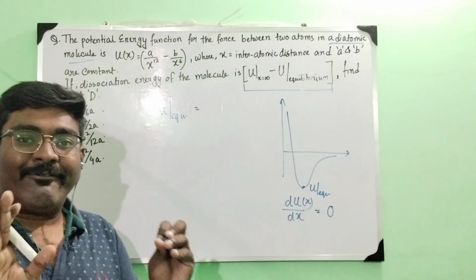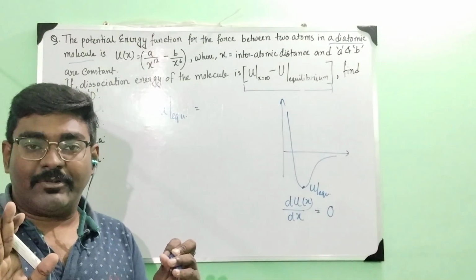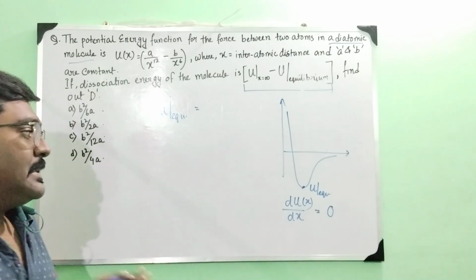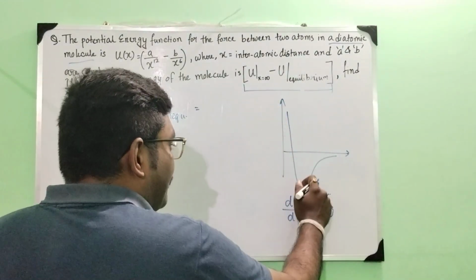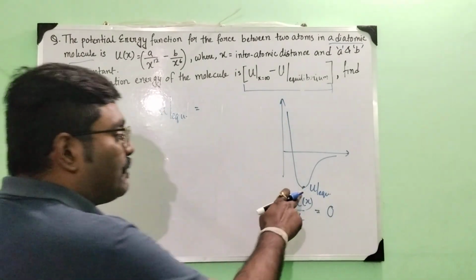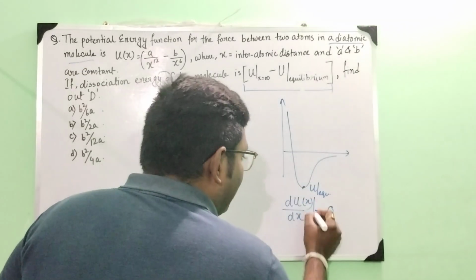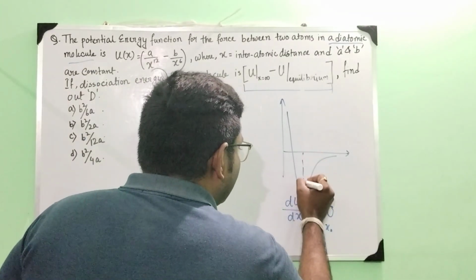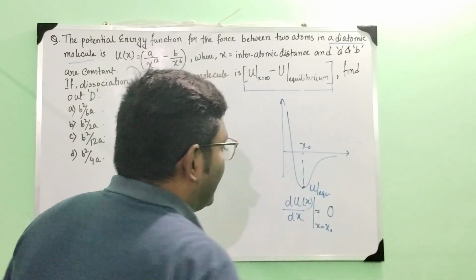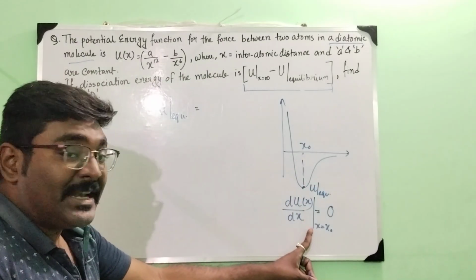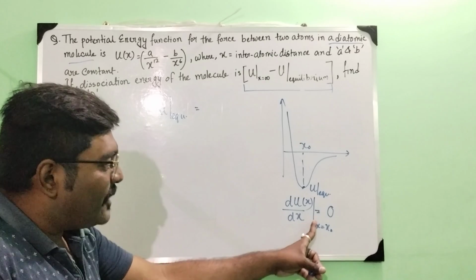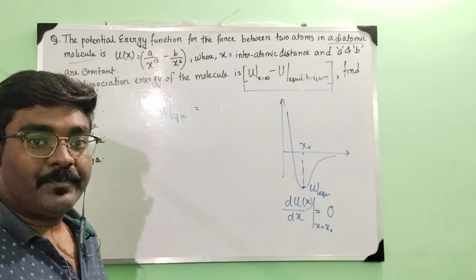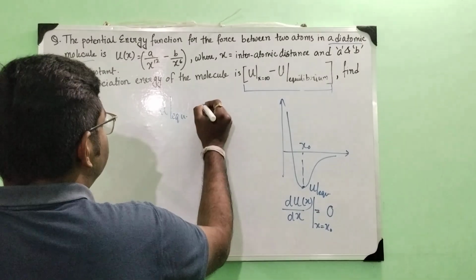But those who don't have mathematics in their curriculum, just know that whenever there is a minima of a function, at that position, that means at x equals x0, the first derivative will come out as 0.